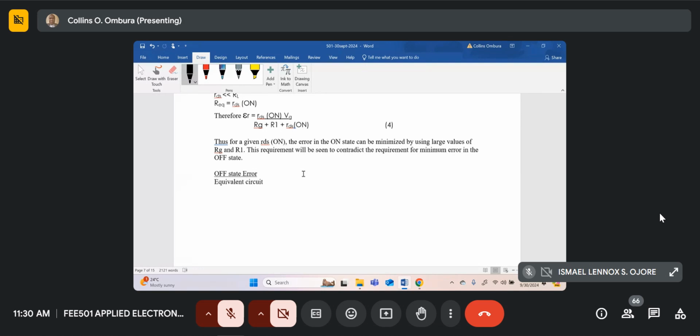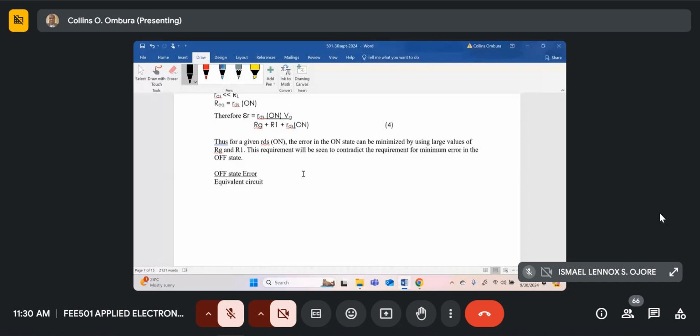Means your generator resistance should be high and your protection resistance is high. Now, this requirement will be seen to contradict the requirement for minimum error in the off state, because the device is not only operating in the on state, it will be alternating between on and off. So next, let's consider the error of the same switch configuration in the off state.